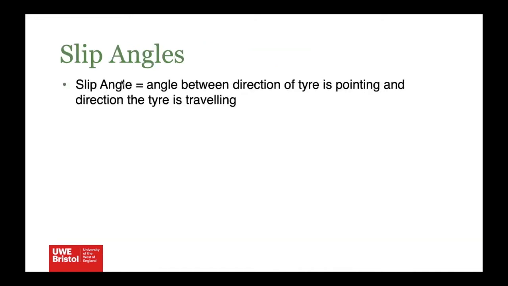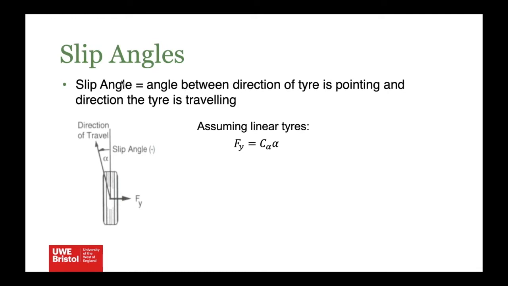As we said, slip angle is the angle between the direction the tyre is pointing and where it's actually travelling. We covered this a couple of weeks ago. Assuming you've got linear tyres, and we'll talk about non-linear tyres possibly later on, the lateral force you can generate with the tyre is a function of the slip angle, and the constant there is called C alpha, known as the cornering stiffness.